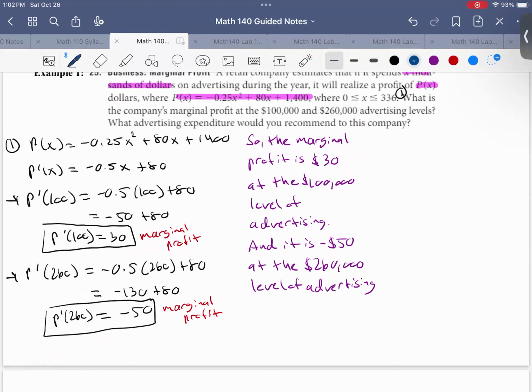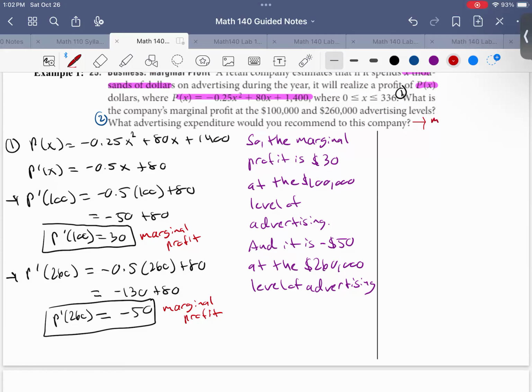Now let's check out part two. Part two asks, what advertising expenditure would you recommend to this company? What this means to me is that what I would recommend is what's going to make you the most money, the max profit.